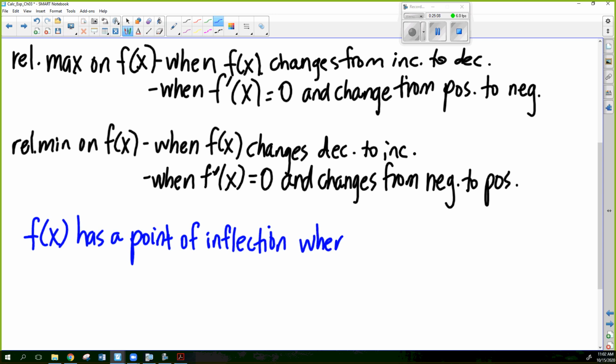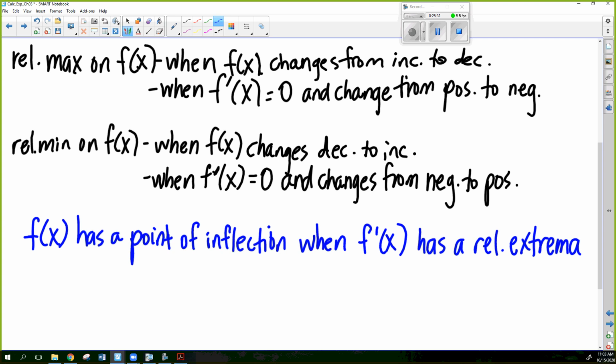It had a concavity, an extrema. When f prime of x has a relative extrema.